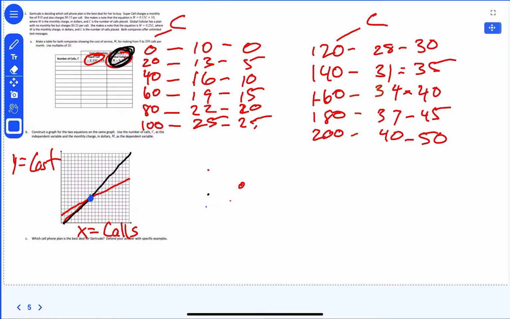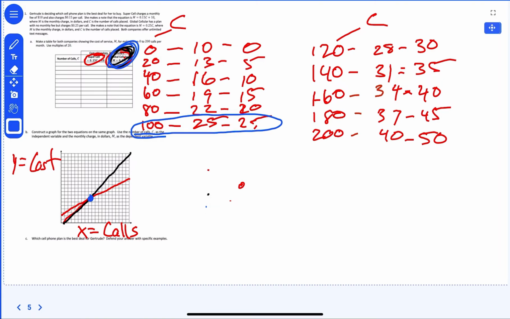That's the global. So look, they all cross right here at 100, at 25 calls. So if you're not going to make 25 calls a month, you would want to go with global cellular. But if you're going to make more than 25 calls, you want to go with the supercell. Do you see that?